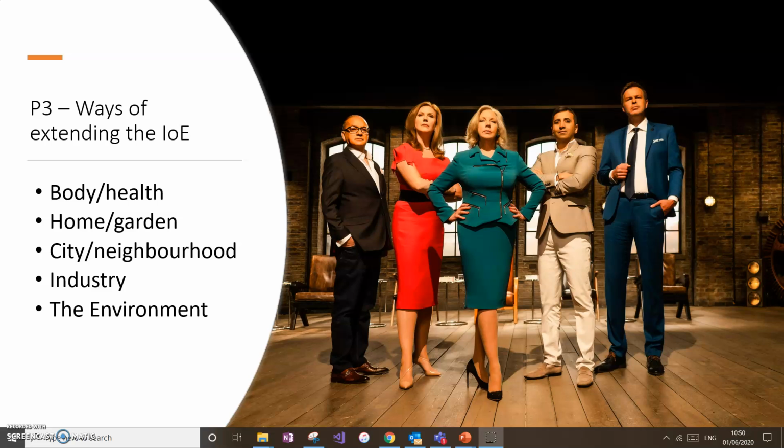So start thinking about potential ways that you could improve existing products, or you might even have a brand new product idea that you could invent and consider as a potential business proposal. Think of Dragon's Den, the show where people go and try to sell their new idea to the dragons to get investment. That's the approach that we're taking to this particular unit.